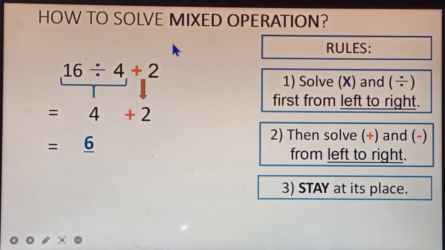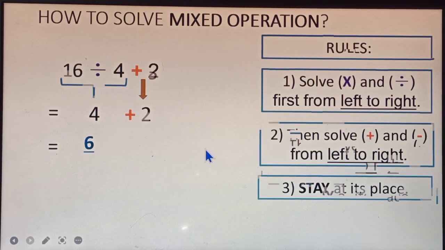Dari kiri ke kanan. Yang penting, selesaikan kali divide, and kedua, selesaikan plus and minus. And number 3, the operation must stay at its place. Artinya ia tidak boleh bergerak. Kalau ia di belakang, ia mesti di belakang. Kalau operation itu di depan, ia mesti di depan juga tempatnya. Okay? They cannot move. Alright?